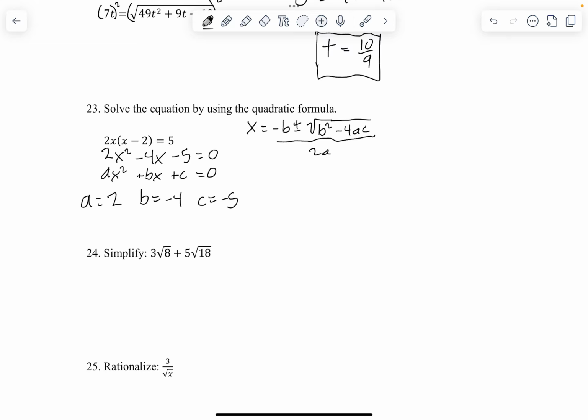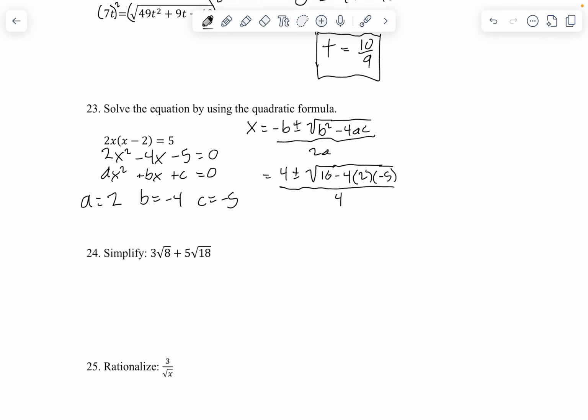If I plug in my numbers, I get negative b, which is 4, plus or minus the square root of b squared. Negative 4 squared is 16, minus 4 times a, which is 2, times c, which is negative 5, all over 2a. 2 times 2 is 4.